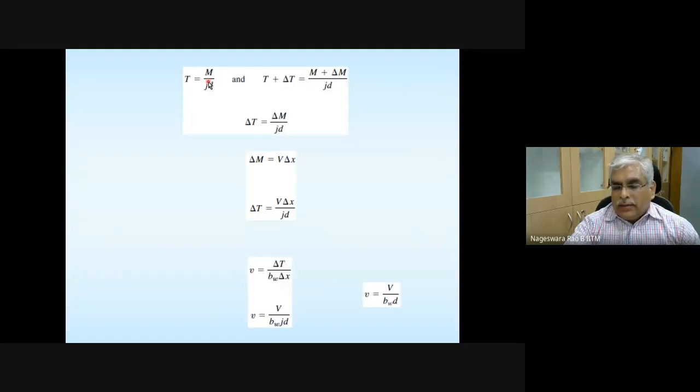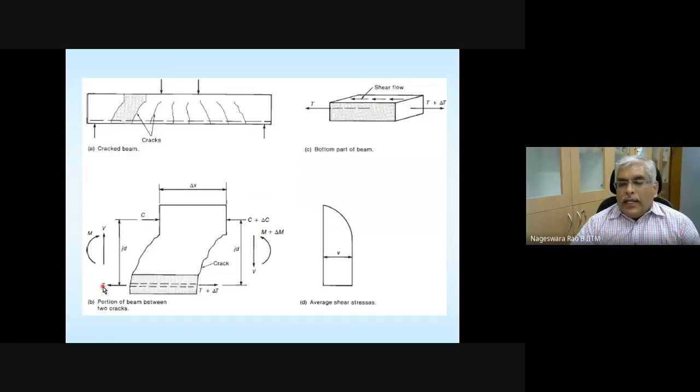First equation is tension T is equal to M divided by jd. Moment divided by lever arm is going to give you tension. That concept you already noted earlier. So T is equal to M divided by jd, and T plus delta T is equal to M plus delta M divided by jd.